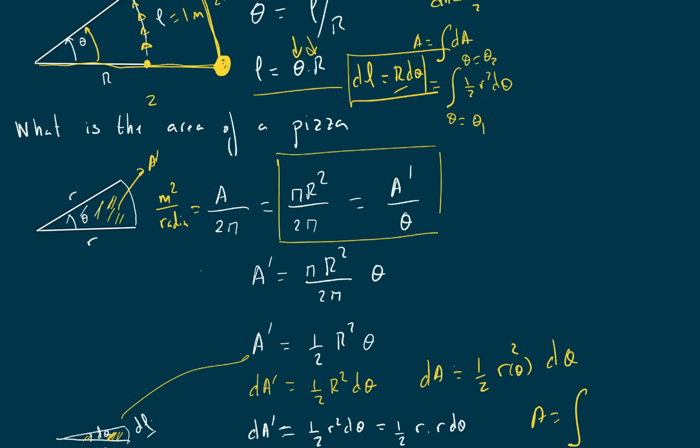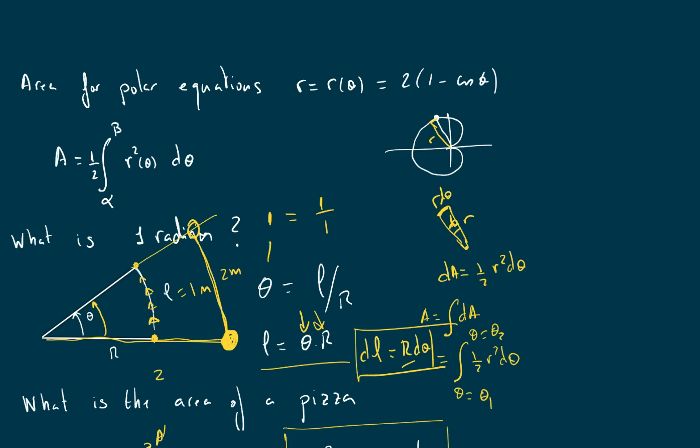So whenever you have this polar equation, you are summing terms like this: 1/2 r of theta squared d theta. And the sum of all the pieces, the sum of all the pizza, is the total area.